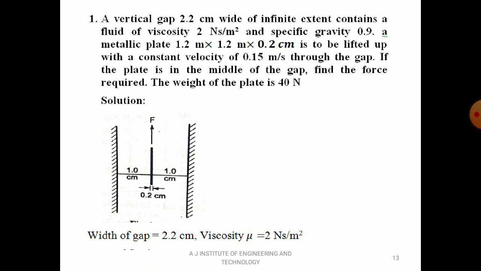So the vertical gap, we are going to keep the plate at the center, in the middle of that vertical gap, which is 2.2 centimeter wide. So the horizontal distance of the gap is 2.2 centimeter in total. The plate is in the center, and its thickness is 0.2.